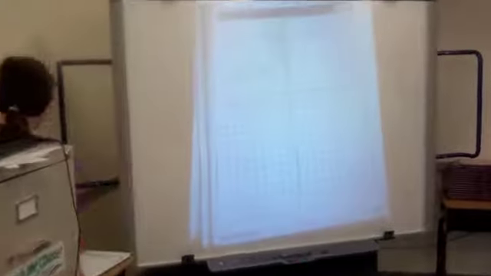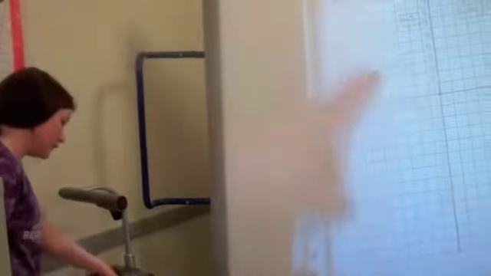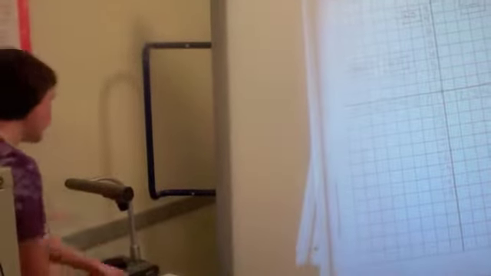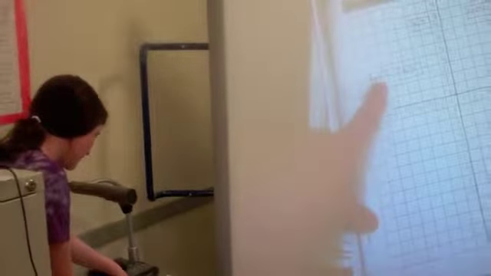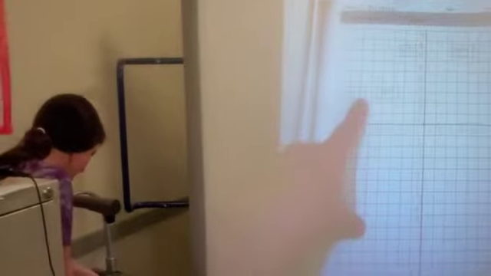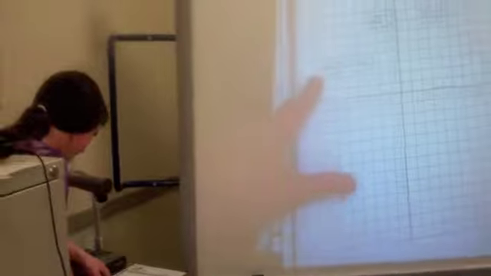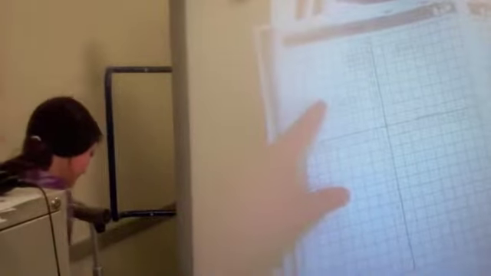Okay, so Noah, we already know where he's sitting. He goes 3 up and then 3 across. So then Ben is right next to him and he goes 3 up and then 6 across, and then 3 up and 8 across, and then 4 up and 6 across, and then 4 up and 8 across.